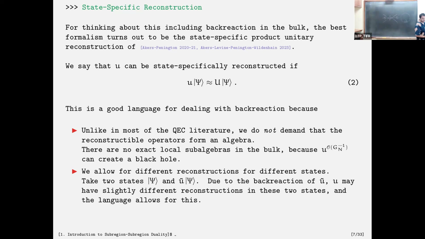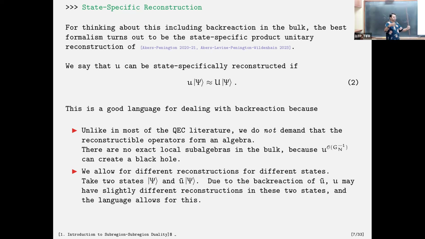This is reconstruction. It depends on the state. And this is quite important because when you do this, you're not demanding that your set of reconstructible operators forms an algebra. It is not closed under addition and multiplication. For example, if you take an operator that creates a small lump and act with it a number of times, that is 1 over G Newton, then the mass of the lump will become like 1 over G Newton and it will become a black hole.